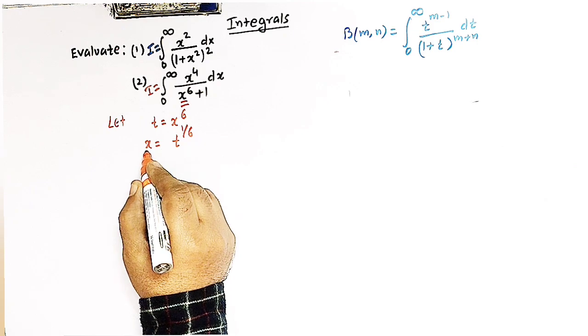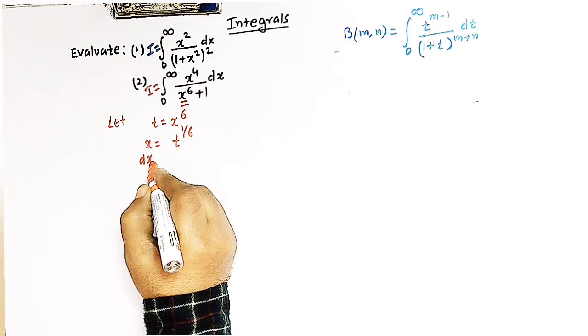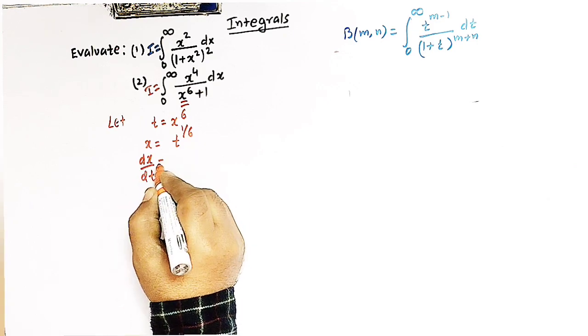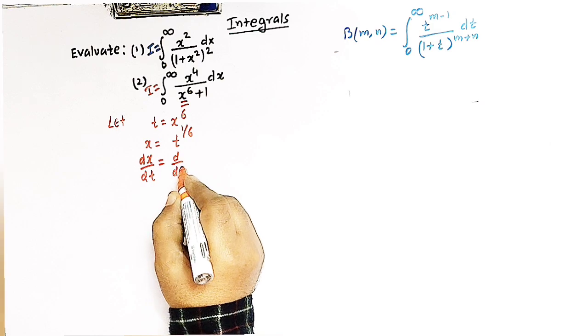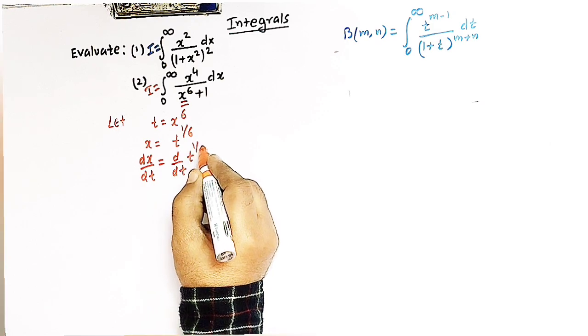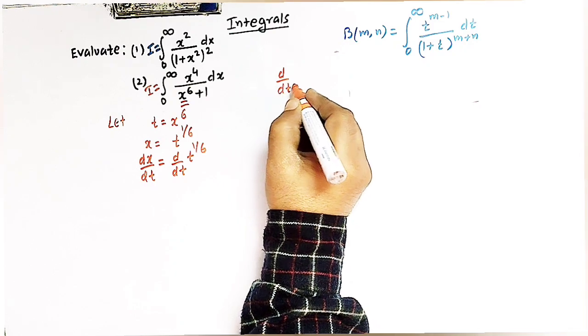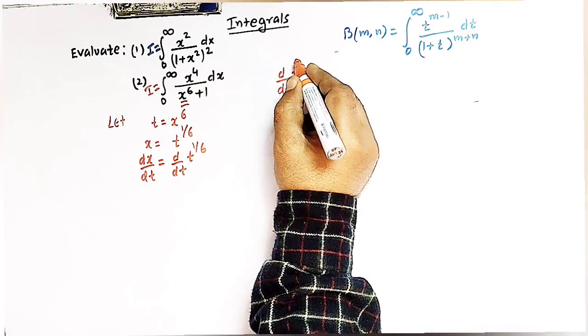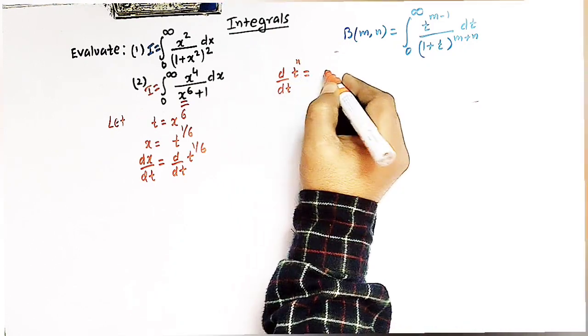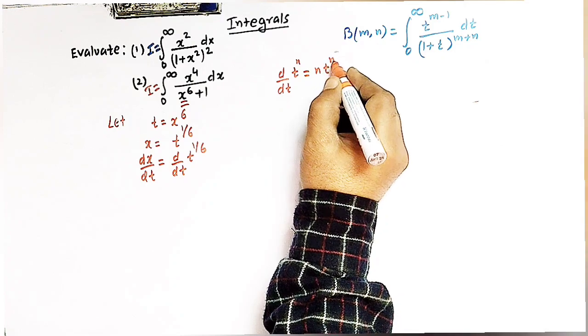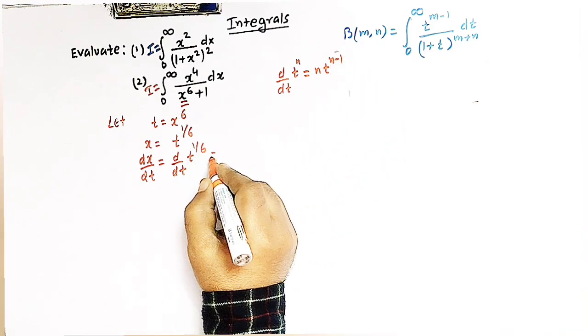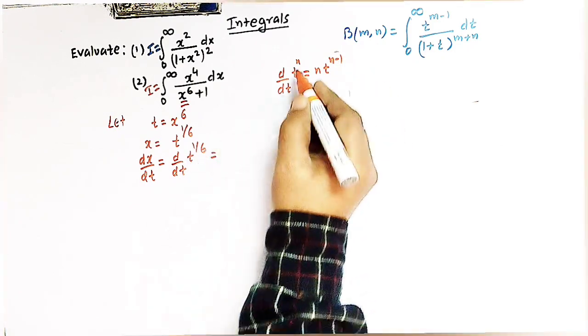Now let us differentiate x with respect to t. So we have dx over dt is equal to d by dt of t raised to 1 over 6, and applying the power rule, that is the derivative of t raised to n is n times t raised to n minus 1. So here the value of n is 1 over 6.